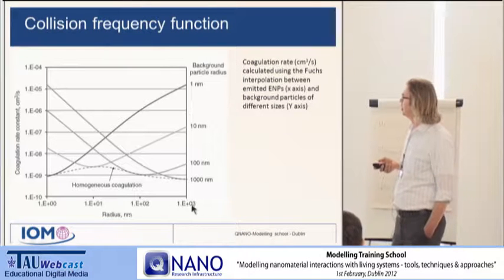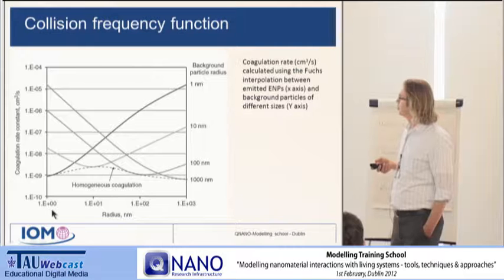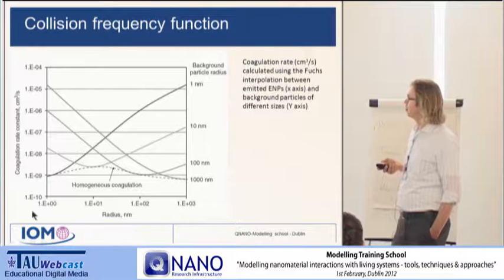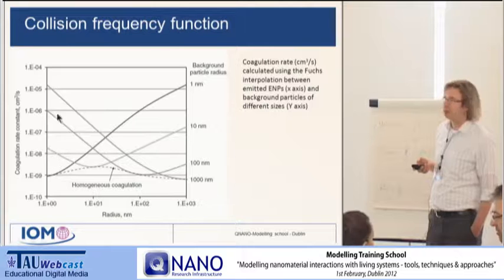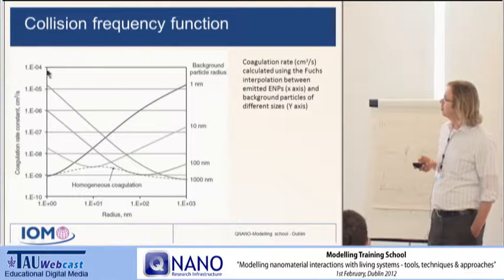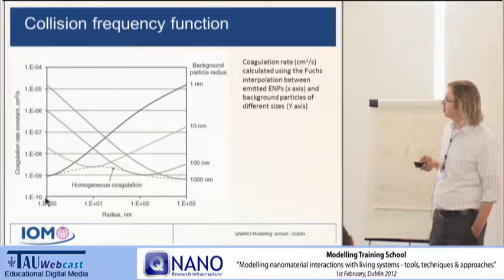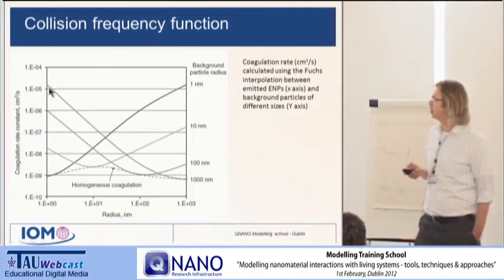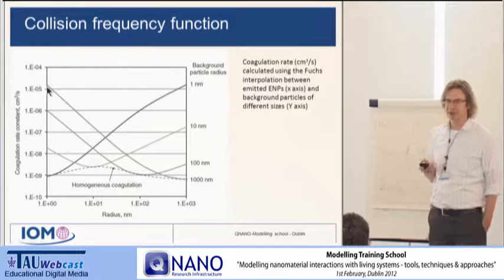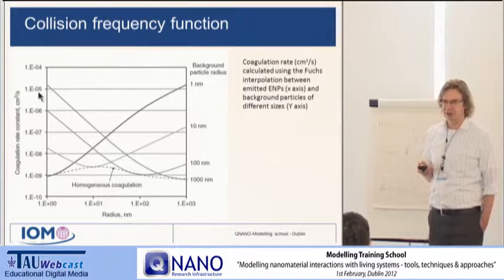This is the size distribution or the median radius of your source, this is your background, and this is your coagulation rate. So you can see that the bigger the difference between the size of your nanoparticle and the background particle, the bigger your coagulation rate is. I don't know whether this is based upon modeled or empirical information. I think there are some models that allow you to estimate that.